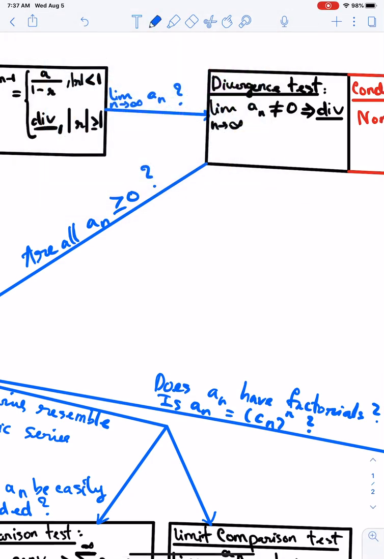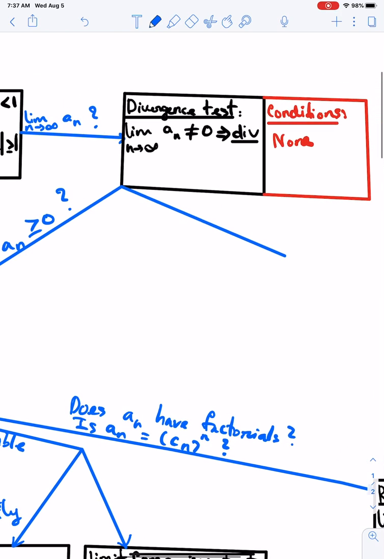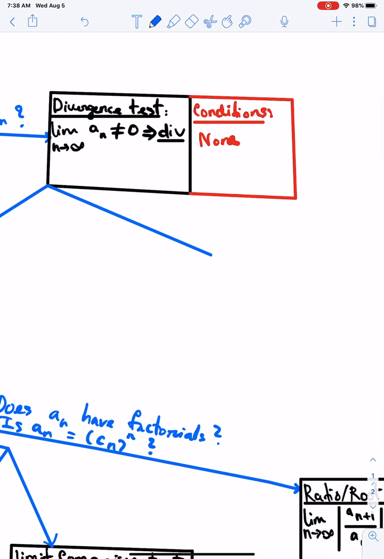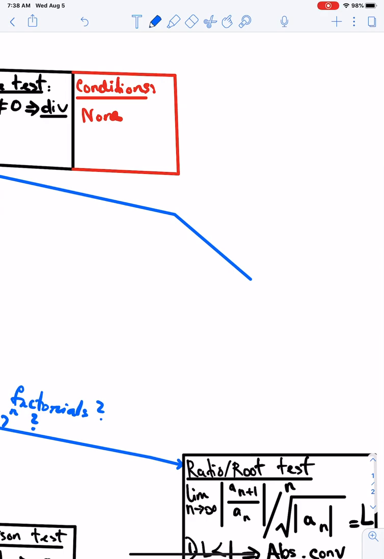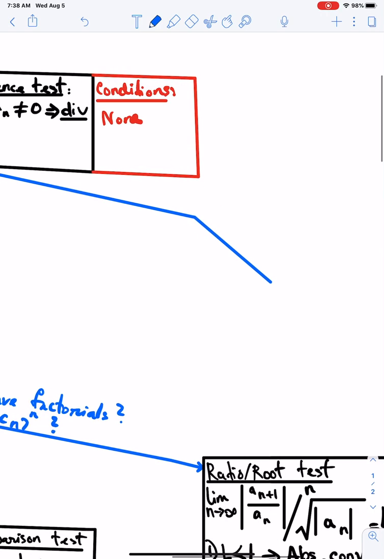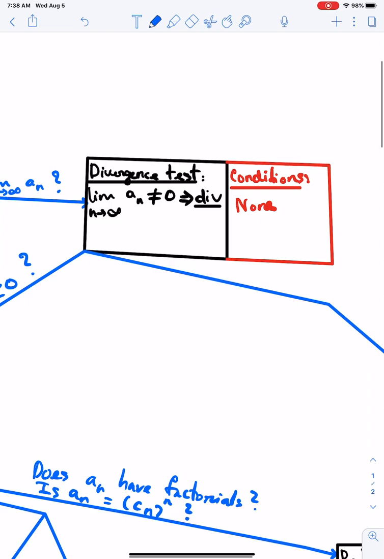Now the other case, well, what if I also have the negative term in there? So what do we do? If you have plus or minus terms in the series, then let's use this first question.